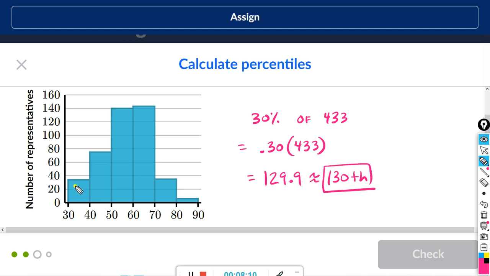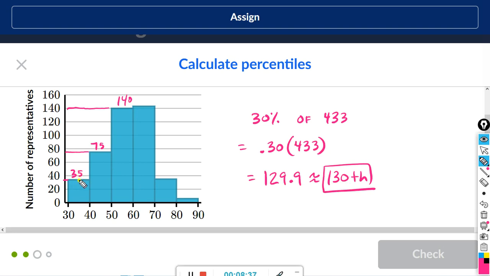So let's see, this bar here goes up to approximately 35, I would say. This bar here goes up to approximately 75. And this bar here, we can see it goes up to 140. Again, we want the 130th one.